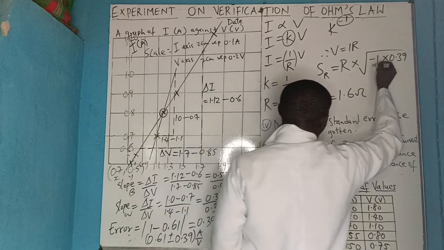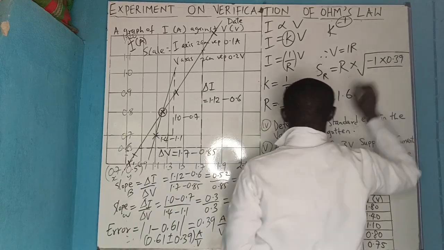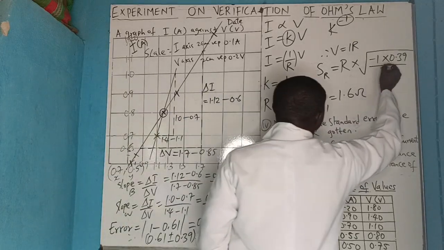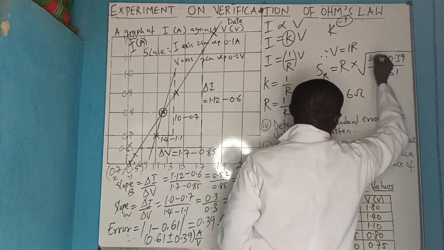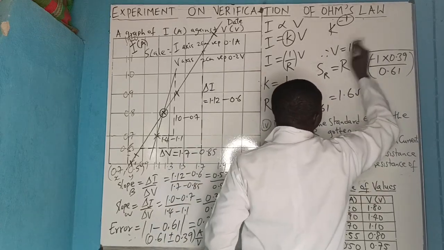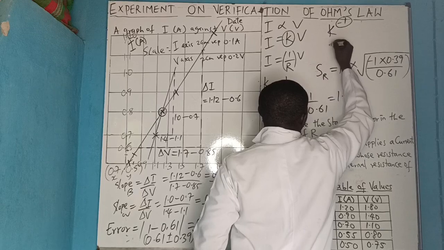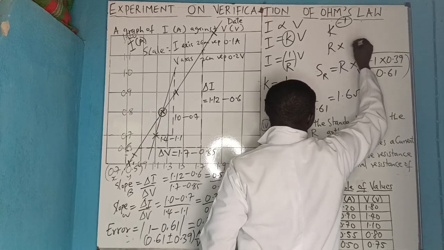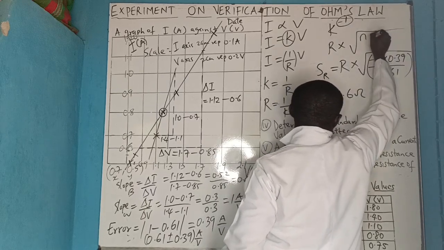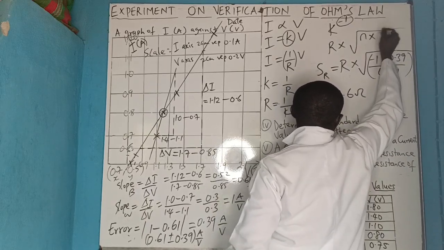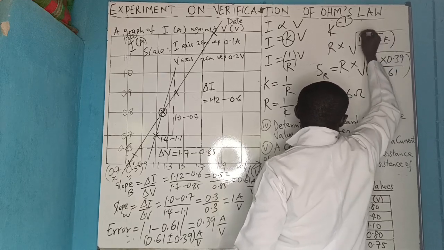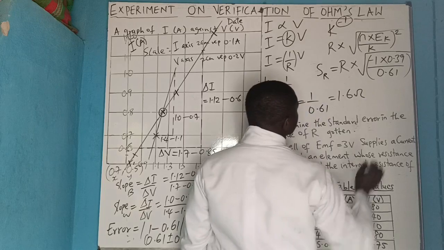We say 0.39 all over what is the K? K means the slope. Slope is 0.61. So that means the formula for this is R times square root of the power of K times error in K, all over K, all squared.